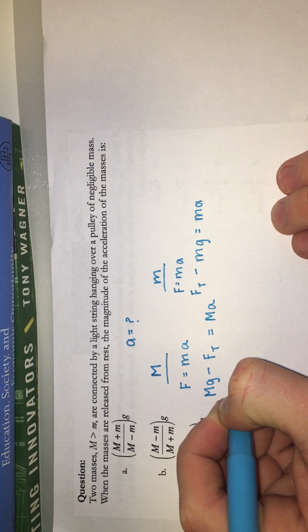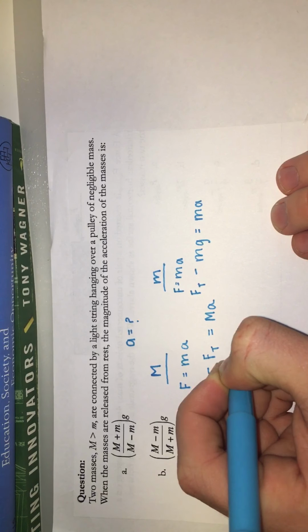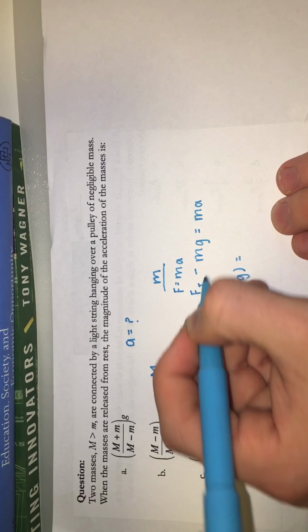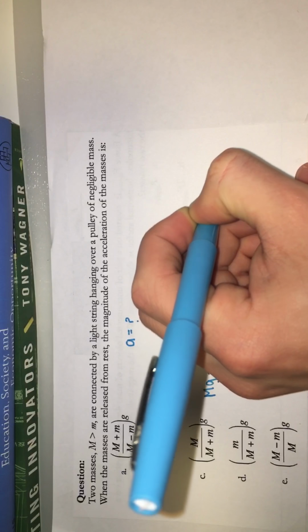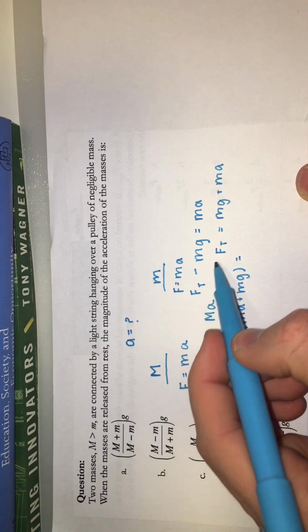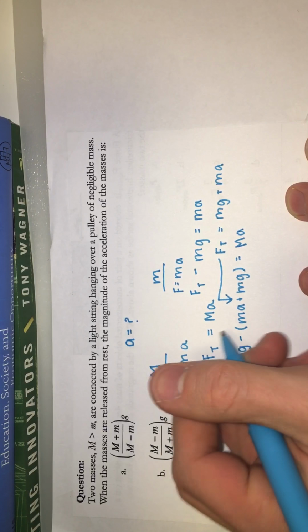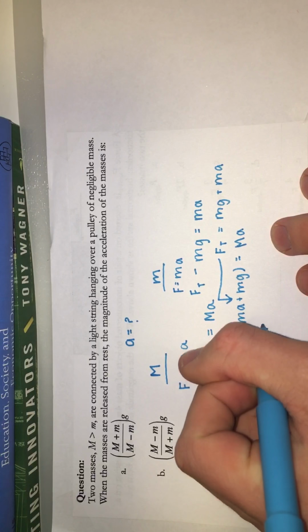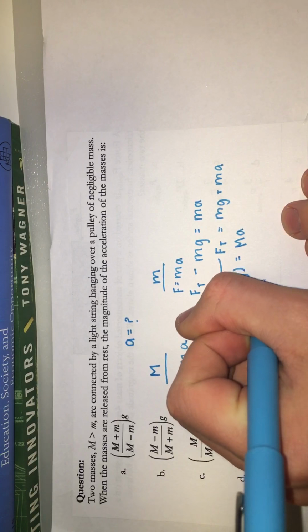If we combine and solve, we find that Mg minus ma plus mg. See how we're substituting for the force of tension here from up here? If we go up here, I'll show that math here. Mg plus ma. See how we're getting that? We're just substituting our force of tension, which is equal to our mass times acceleration of the big M. If we solve for our variables, we're going to end up with something along these lines.